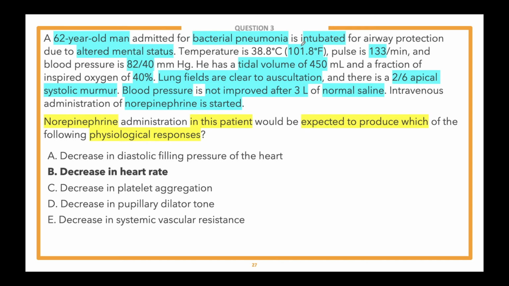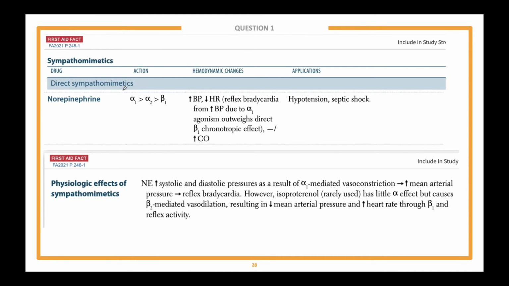So let's go ahead and take a look at the next slide. Norepinephrine, it's one of the first-line agents for the treatment of hypotension and septic shock, okay? It increases venous return to the heart through vasoconstriction, and it increases heart contractility. So you can see there its action, the receptors it works at, alpha-1 is the greatest, but also alpha-2 and beta-1.